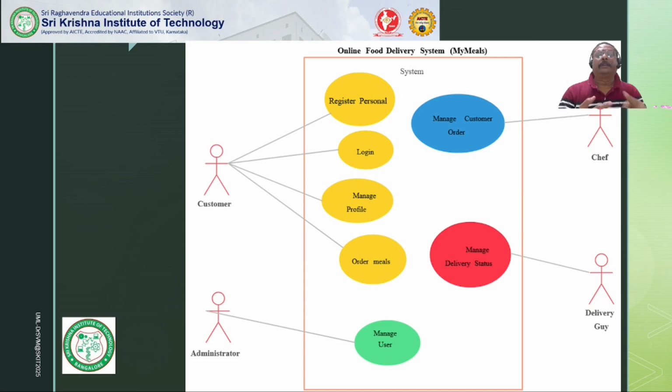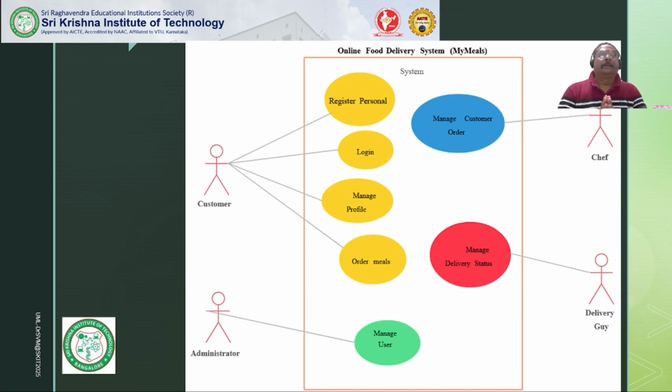No ambiguity, no confusion. Whoever sees this understands only one thing, and that is what the developer is trying to tell. No more confusion, no more ambiguity, no language barrier, because that's the standard way of writing it.